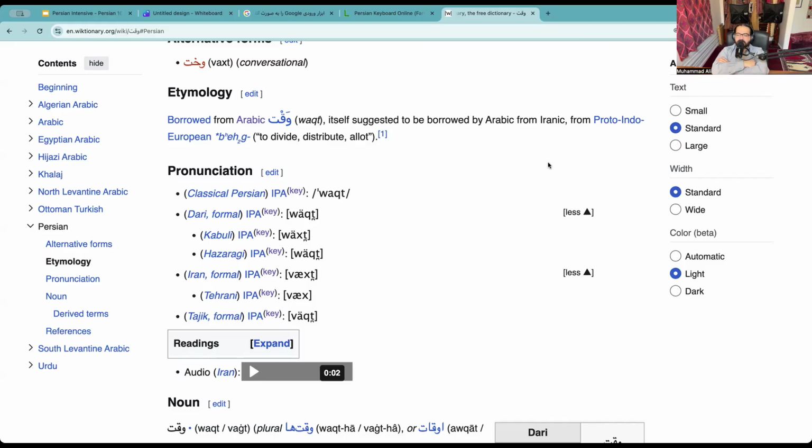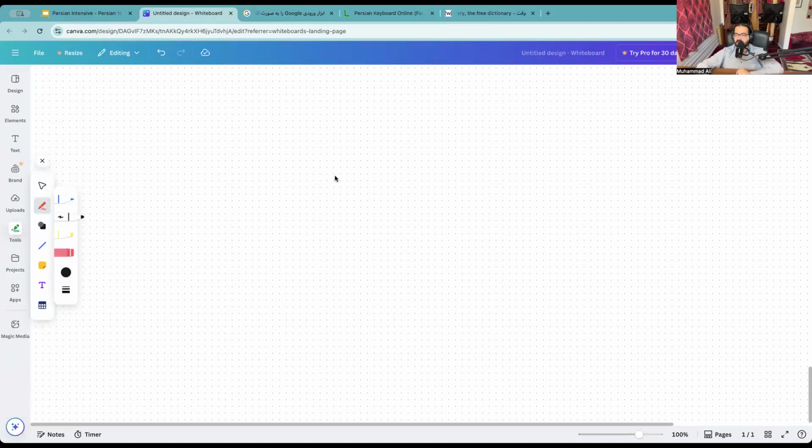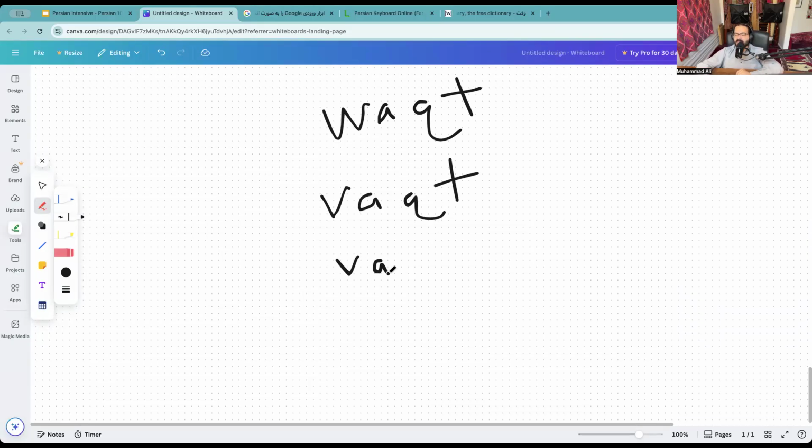But then in Iranian Persian, two changes happened. So the W became a V, which is a very common thing in Iranian Persian. It's almost like the default, essentially. So in Arabic, you have waqt, and then it became vaqt. But then, probably what happened is this would have been said at some point as a GH, vaghht.